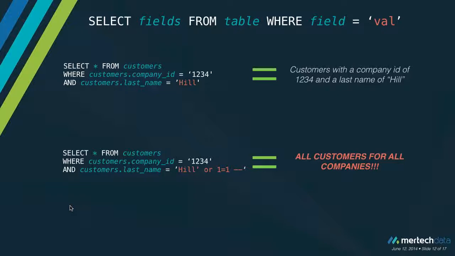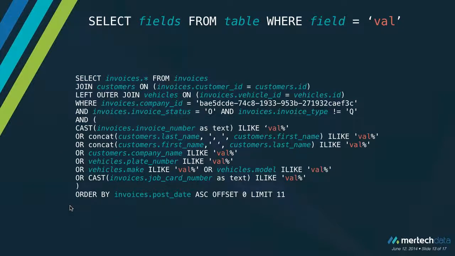So now let's look at a little bit more complex example. So this is a SQL call from an application that we've worked on, and this is just a monster of a SQL call. And very often, SQL calls can get like this real quickly. So we've got a join in here.